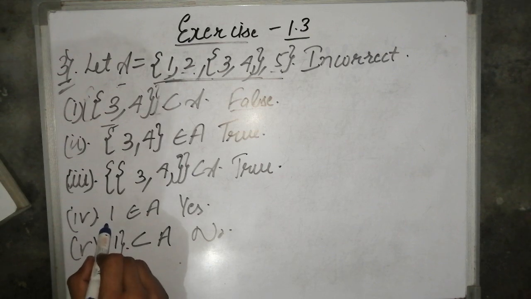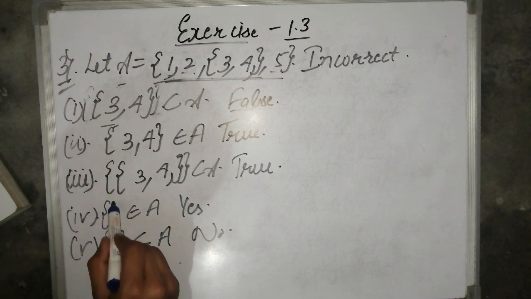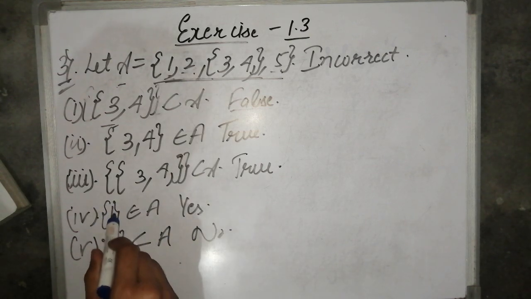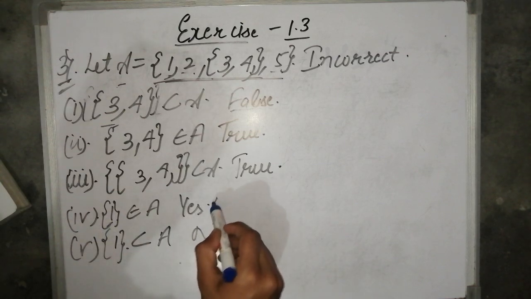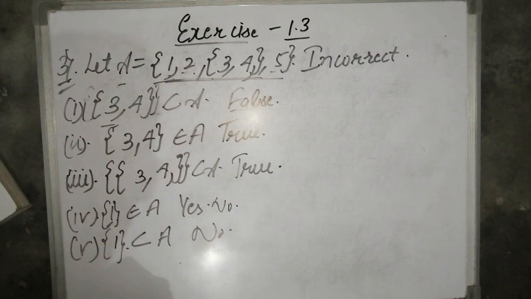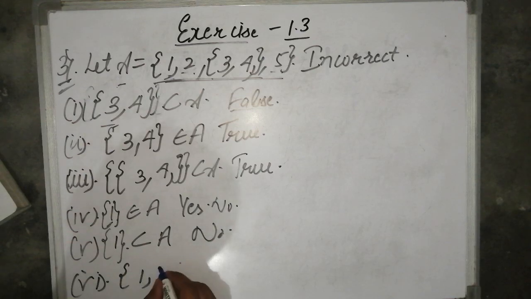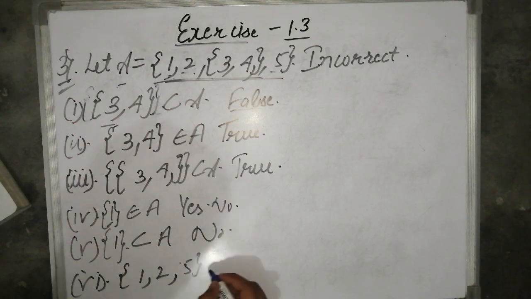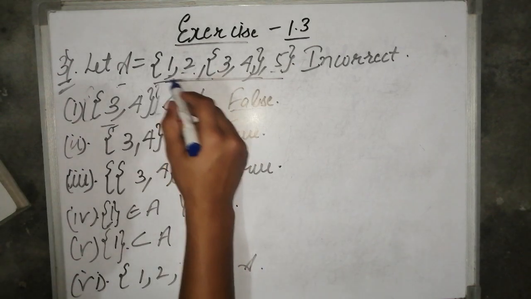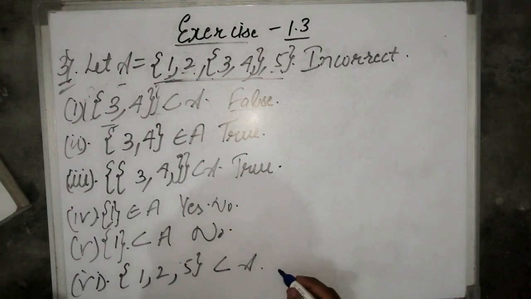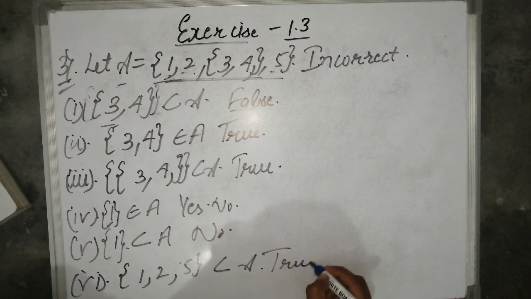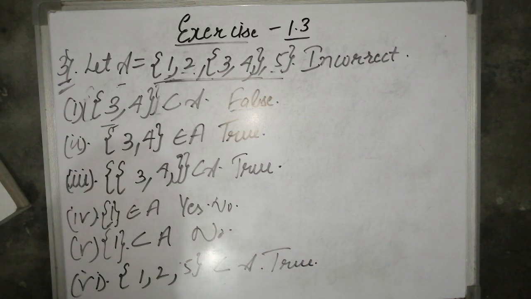Okay, moving to the sixth part, we have {1, 5} is a subset of A. Yes, {1, 5} is a subset of A. I told you earlier. So pause the video to note it down.